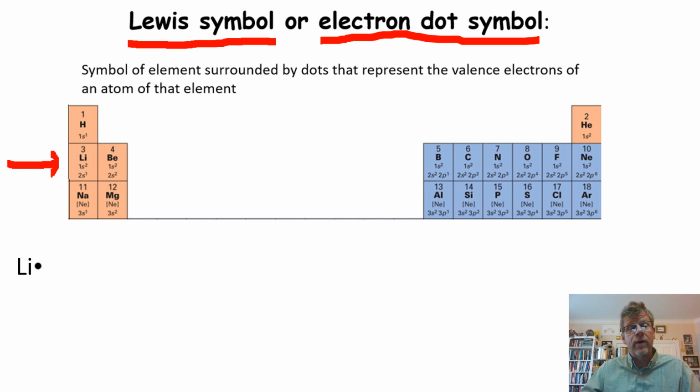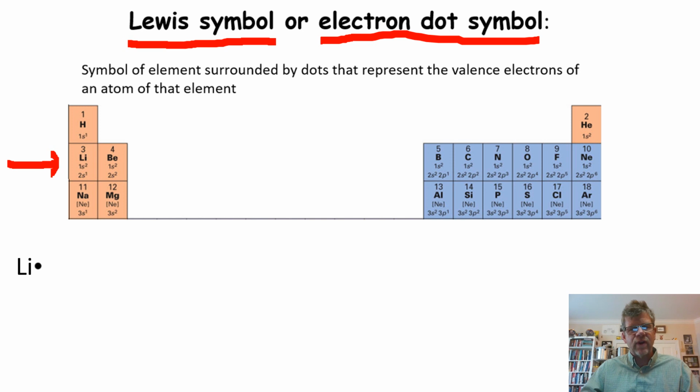Well, counting over in that row, the first element in that row is going to have 1 valence electron. Now, electrons are placed around this chemical symbol singly first. So on one side we'll place one electron, then go to another, it doesn't matter which side, and then another, and then another until that's filled up, and then we'll double up electrons.